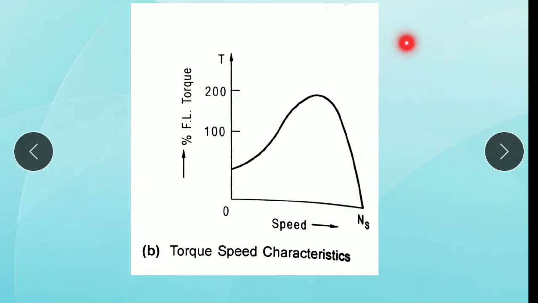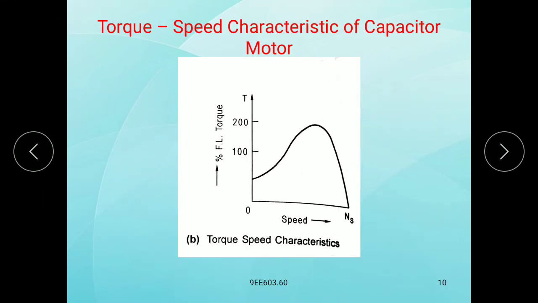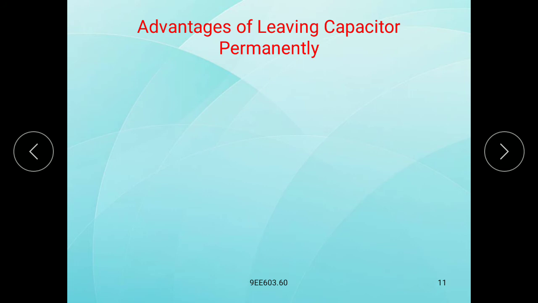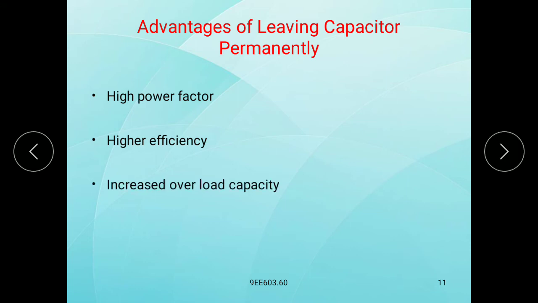So these are the characteristics of the capacitor motor. Here, the advantages of leaving the capacitor permanently: high power factor and high efficiency, increased overload capacity, and noiseless running of the motor.